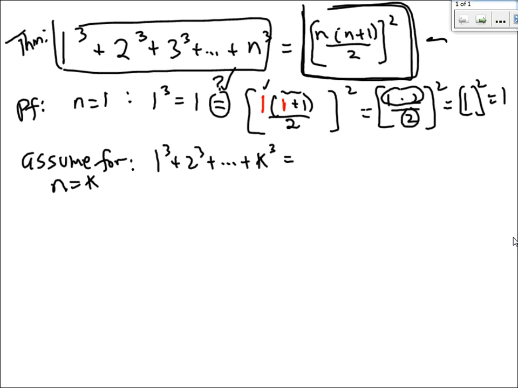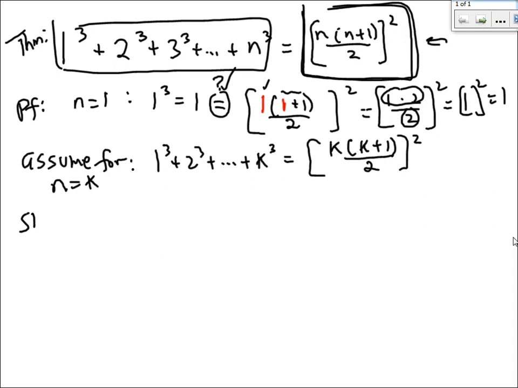On the right side, instead of n we put k. So it's k times k plus 1 over 2 quantity squared.